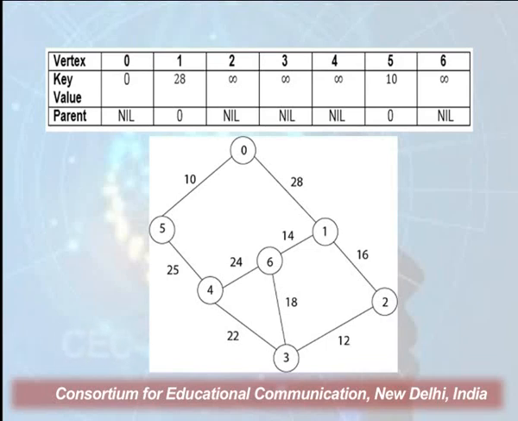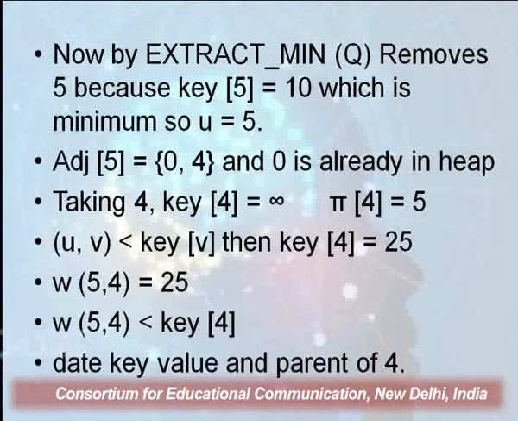This updation has taken place in the priority queue, while 0 has been extracted because it was the minimum key value present at that particular time.